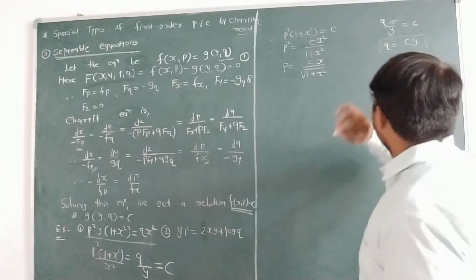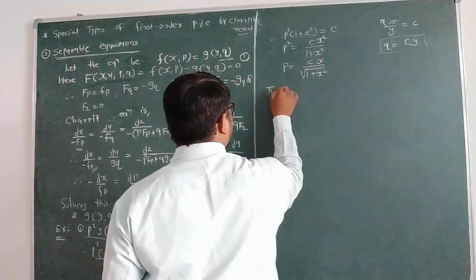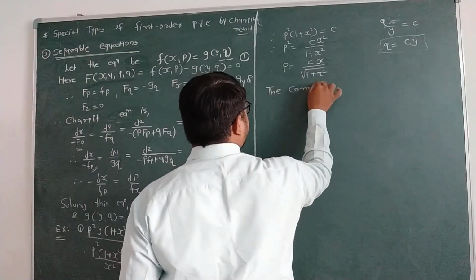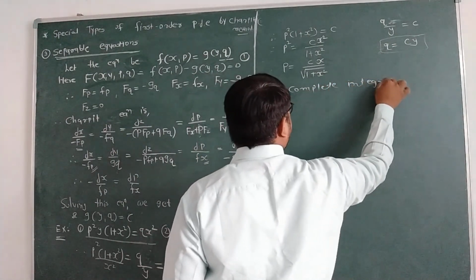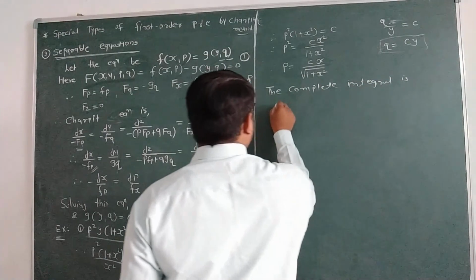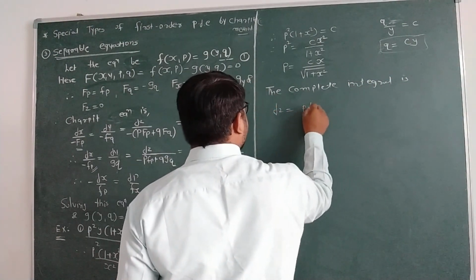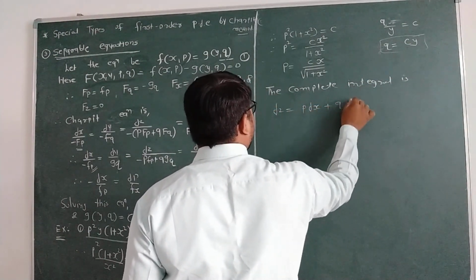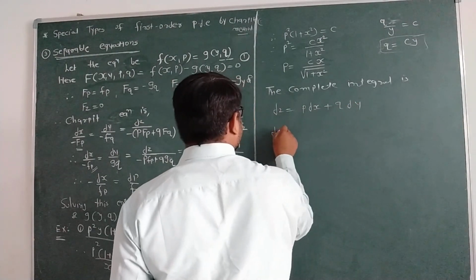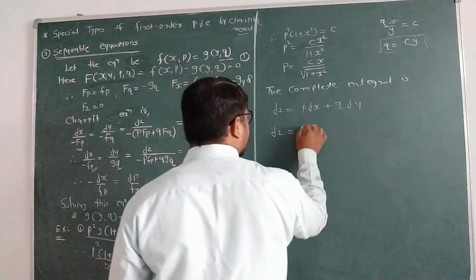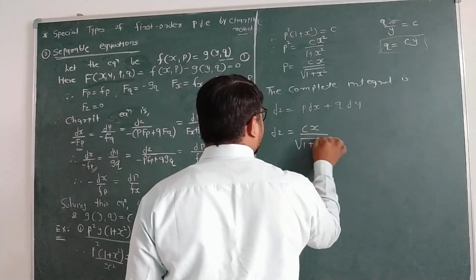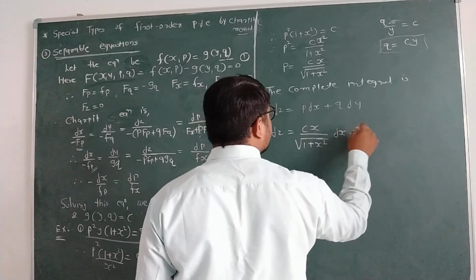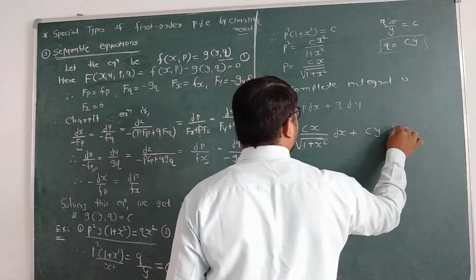So the complete integral is dz equal to p dx plus q dy. So dz is as it is. p is nothing but c x over under root 1 plus x square dx plus q is cy dy.